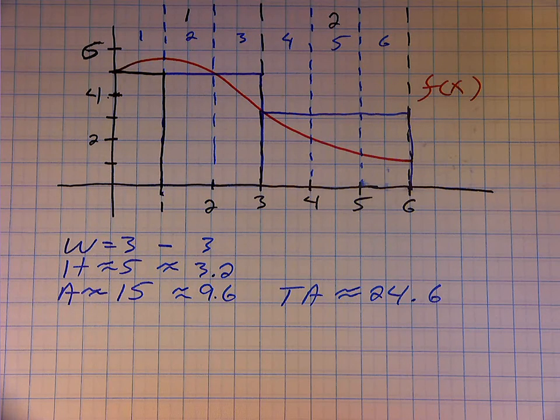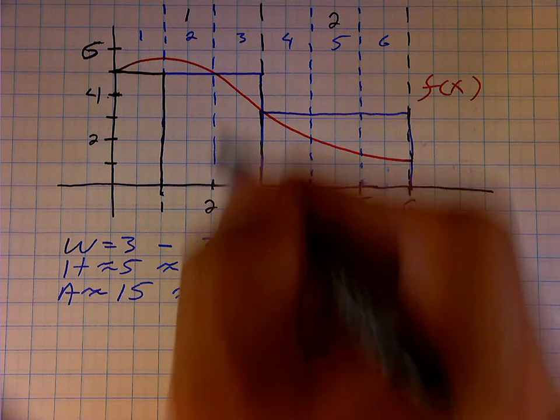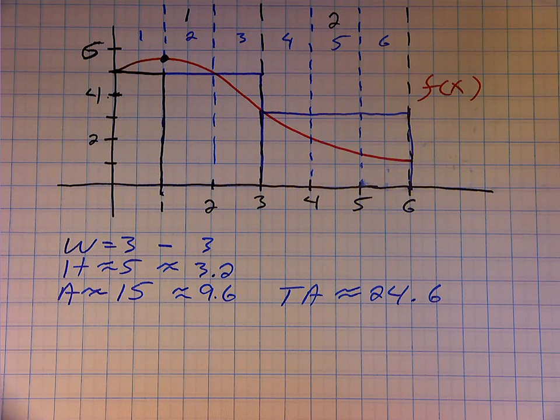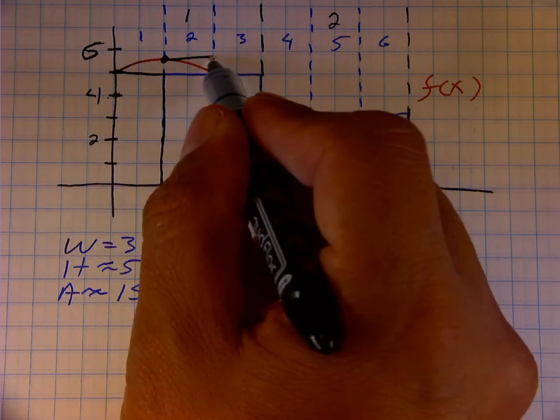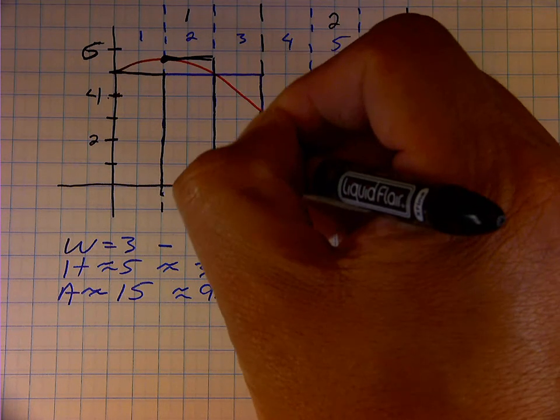And this is rectangle number 1. I go to the second location for my rectangle. I see where it touches the graph on the left-hand side. The height of the rectangle must touch the graph on its left-hand side, and I make a rectangle.